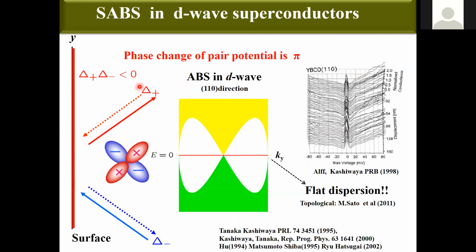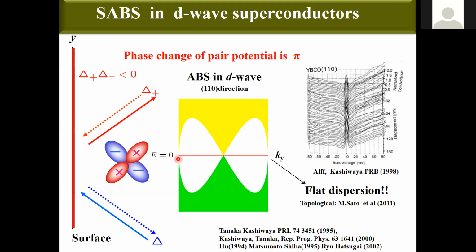At that time, delta plus and delta minus have different signs. If we fix the momentum parallel to the surface, the energy spectrum becomes like that. The yellow region means the continuum level, and between the continuum levels the surface Andreev bound state exists just at E equal 0, as long as time reversal symmetry is not broken.